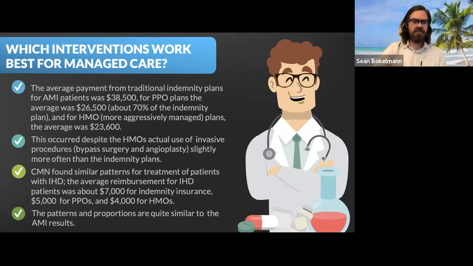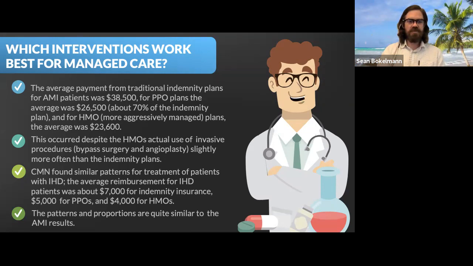Okay, so the specific figures that they found was that the average payment from the more traditional indemnity plans was almost $40,000. For the PPO plans, it was just over $25,000, which was about 70% of the indemnity plan. And for the more aggressively managed HMO plan, the average was almost $24,000. So a little bit of additional savings compared to the PPO.